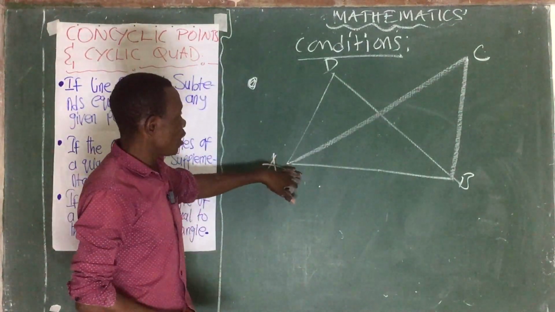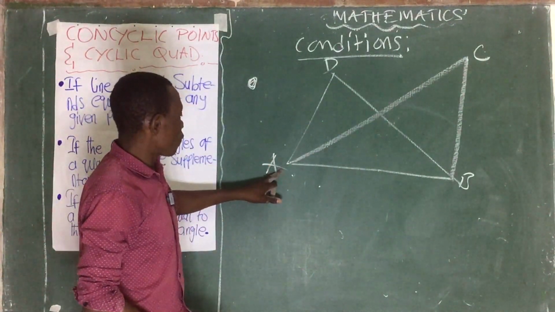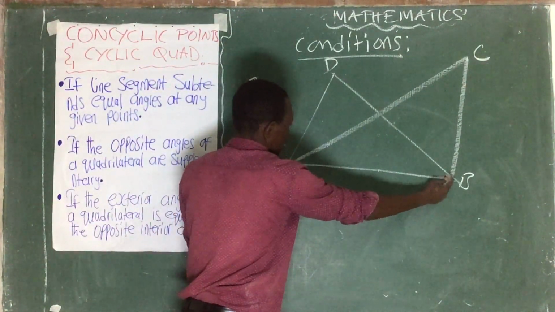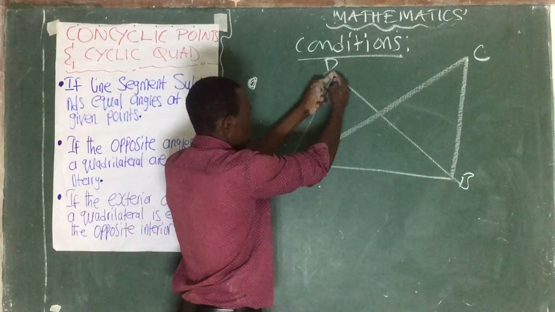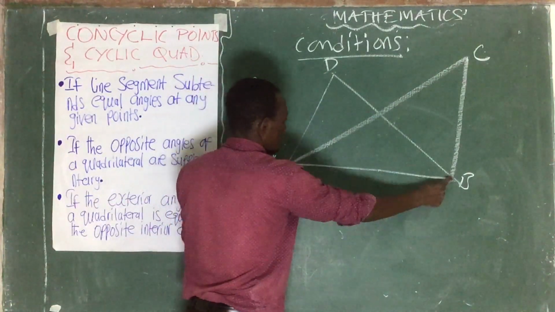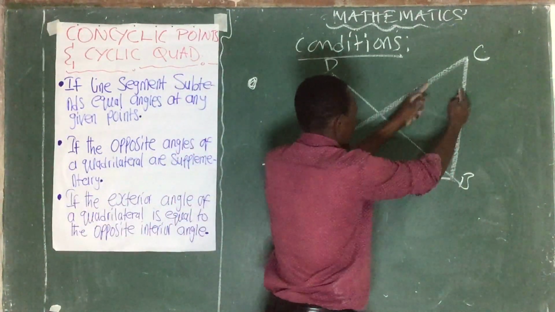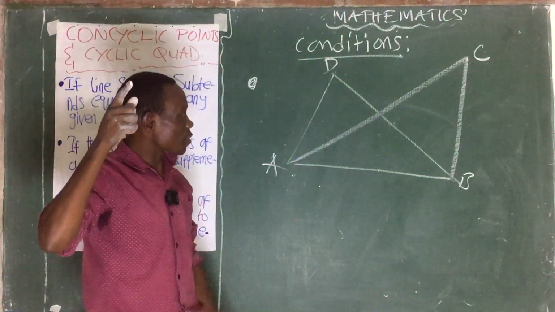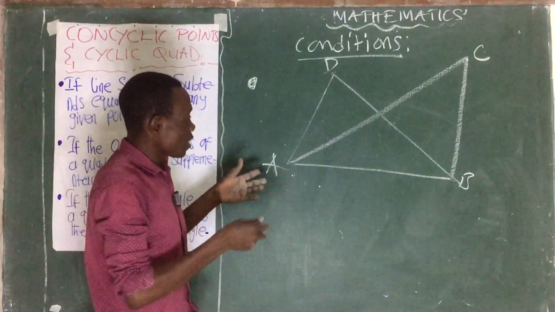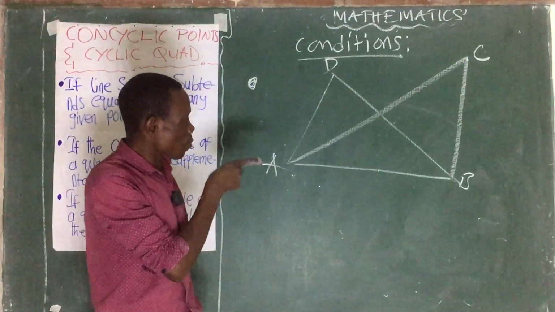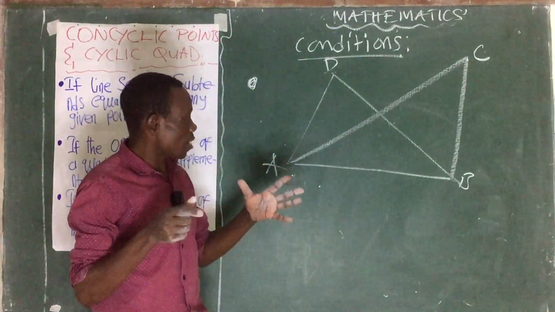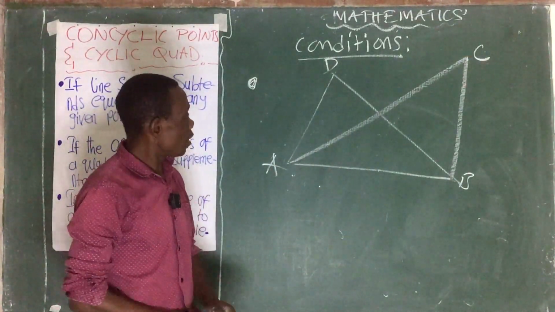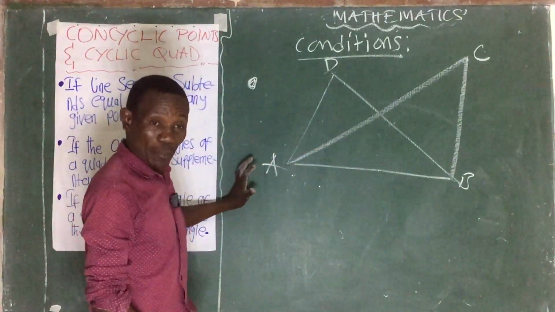As you see, line A, B is subtending this angle at point D, and line A, B is also subtending this angle at C. There are some actions in the video that I have been demonstrating above this property, say angles subtended by the same arc are equal. So follow the videos by the link down here. You'll be able to see that this is connected to somewhere else.